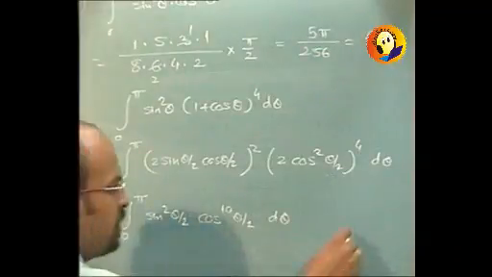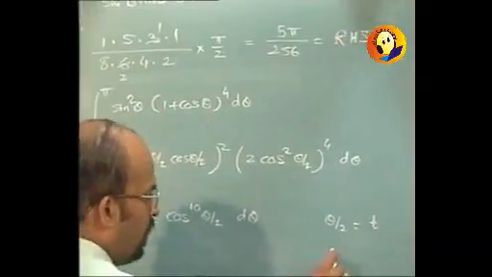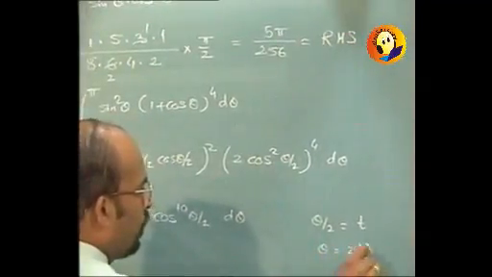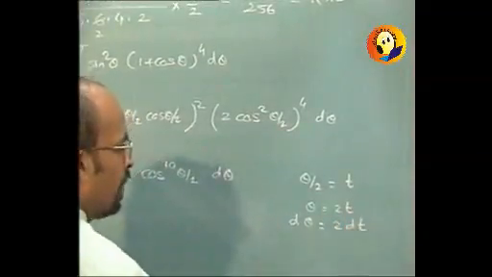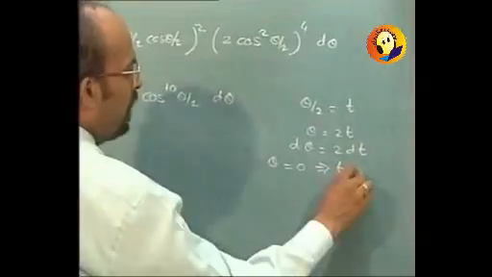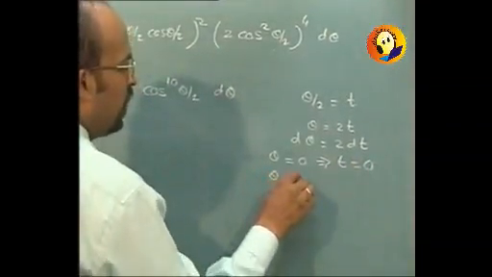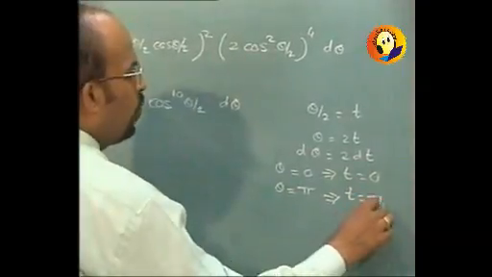If we make a substitution that let theta by 2 is equal to t, that is theta equal to 2t, therefore d theta will be equal to 2 dt. And if we check the limits, theta equal to 0 implies that t is 0 and theta is equal to pi implies that t is equal to pi by 2.